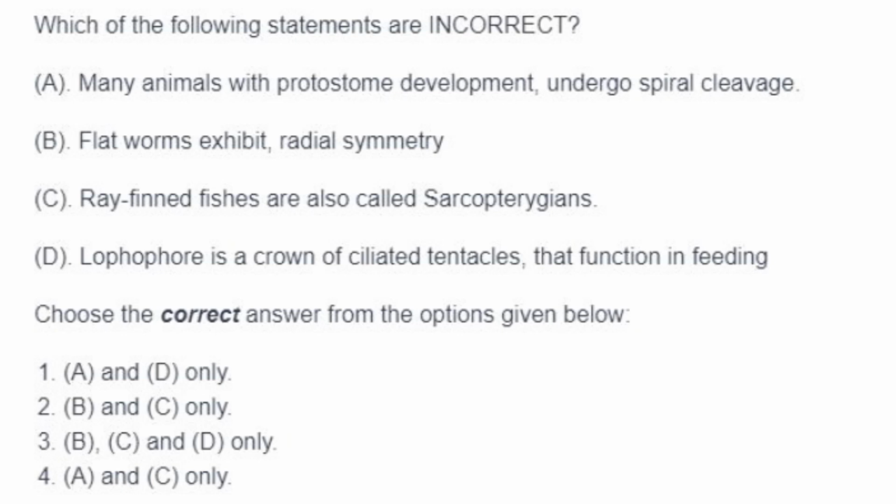Then, which of the following statements are incorrect? Many animals with protostome development undergo spiral cleavage.